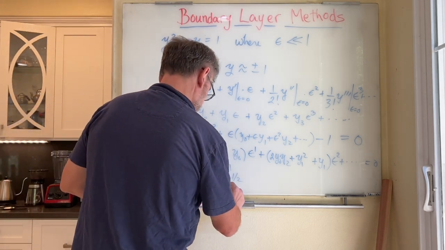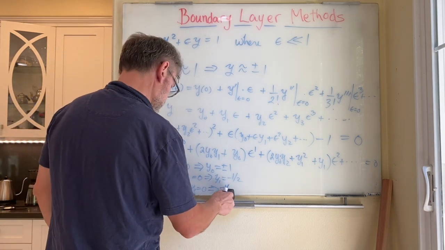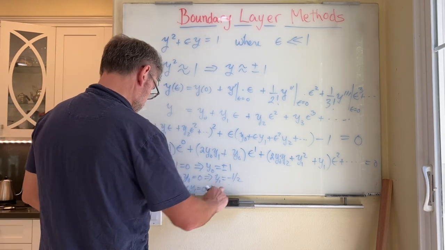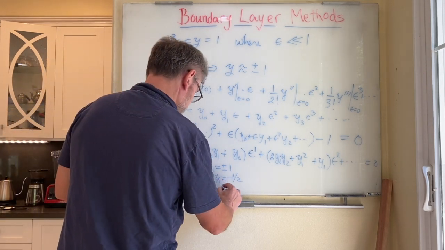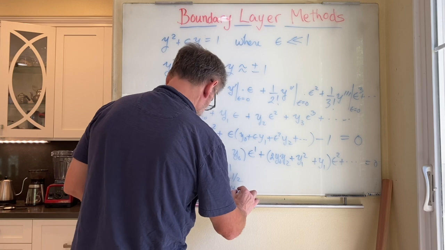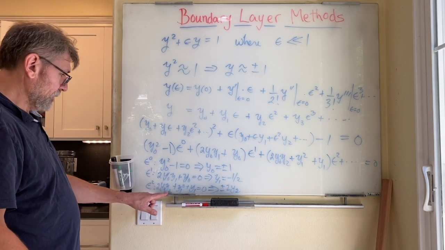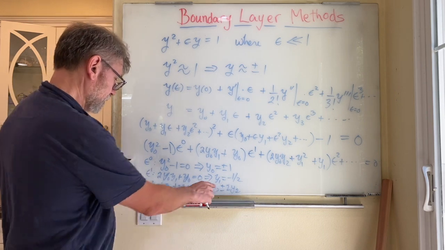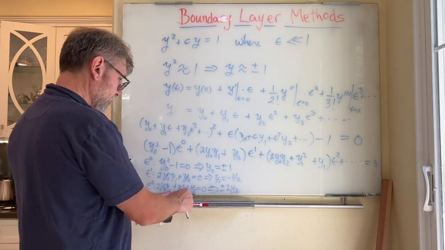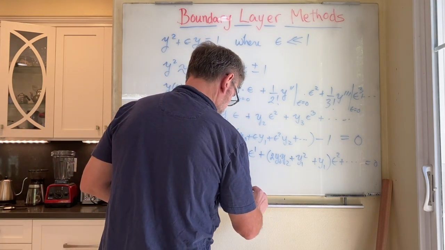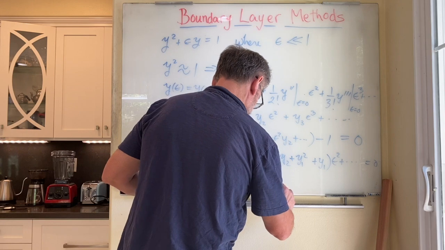So this gives me, if I plug in y naught, which is plus or minus 1, plus or minus 2 y2 from the first one, plus y1 squared, which is plus 1/4, minus 1/2 equals 0.